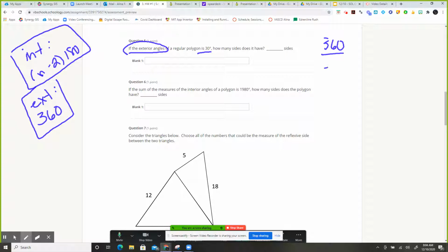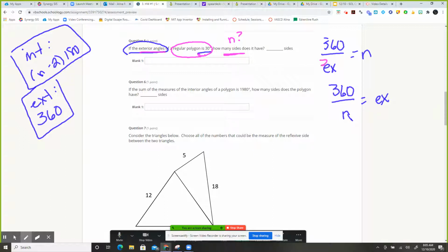360 divided by the exterior angle is going to give you the number of sides, or 360 divided by the number of sides is going to give you the exterior angle. So what equation do we want for number 5? What do we have that we can replace? I want the n for sure. It says how many sides, so that's what I'm looking for. And I know that the exterior angle is 30 degrees.